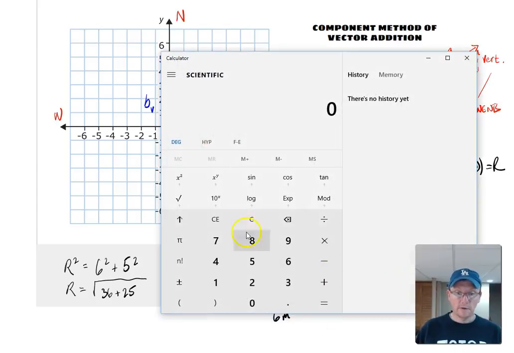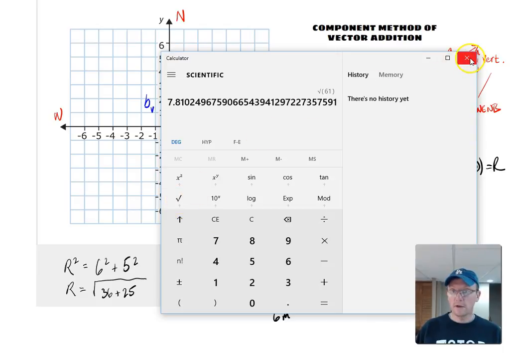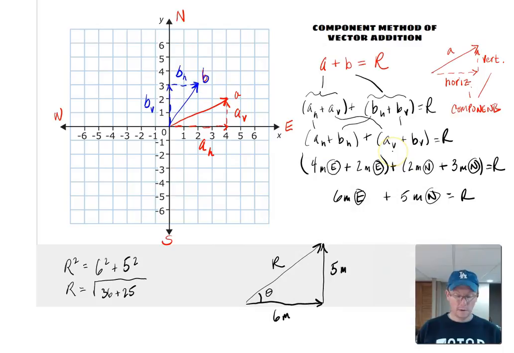So let's see, that's 61, right? So the square root of 61 gives us 7.8. And I will leave us at 2 sig figs there. So 7.8 meters is the magnitude, right? It's the magnitude of this. It's how long it is. But it doesn't tell us anything about the angle.